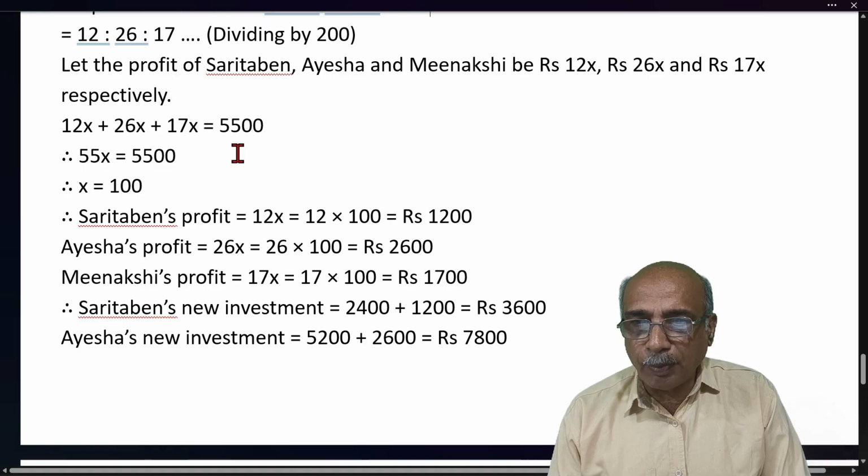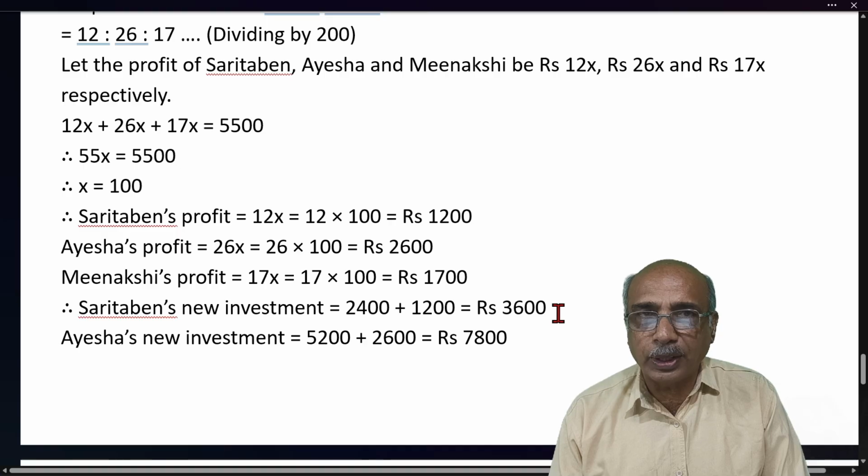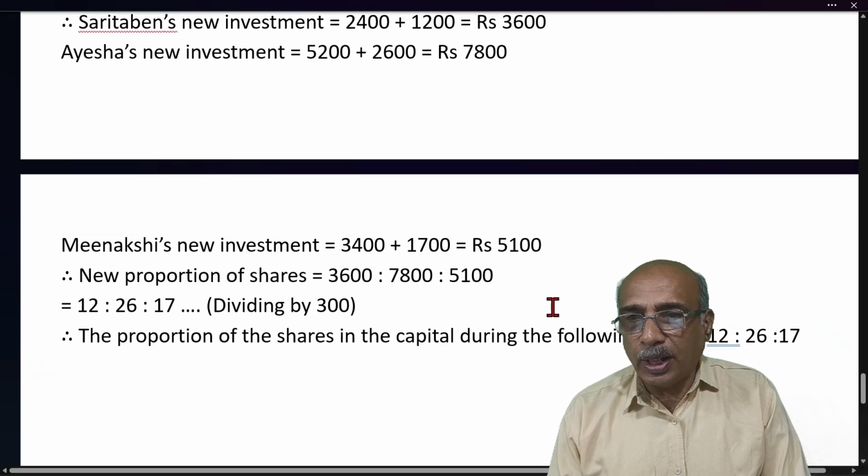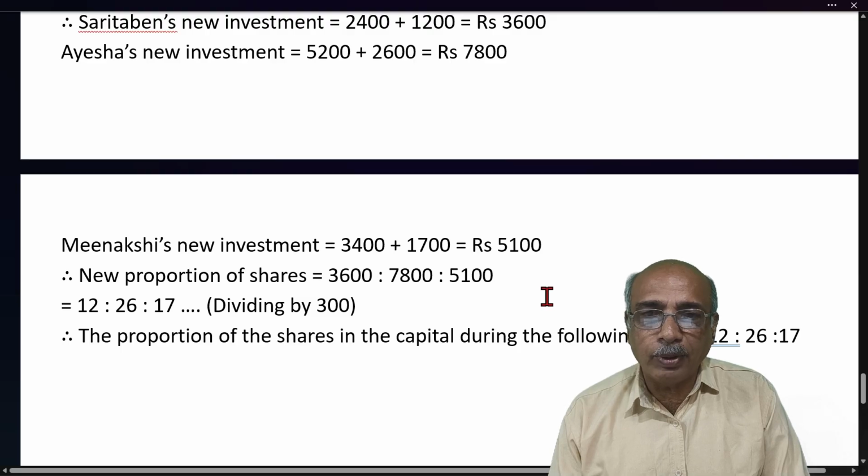Therefore, Sarita's new investment will be 2,400 plus 1,200 equals 3,600. Aisha's new investment is 5,200 plus 2,600 equals 7,800. Minakshi's new investment is 3,400 plus 1,700 equals rupees 5,100.